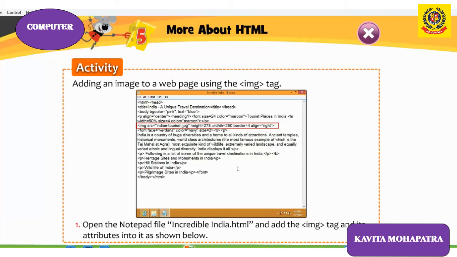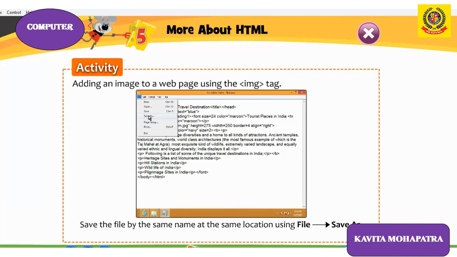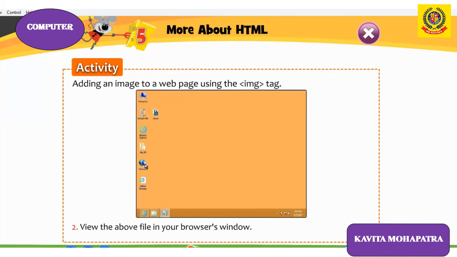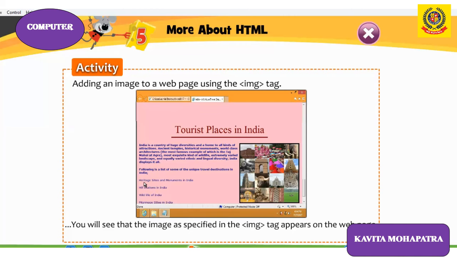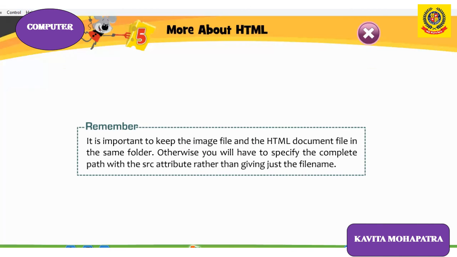So here you have to give img src equal to image.jpg. In that you have to give height equal to 275, width equal to 250, and border equal to 4. So open the notepad file, then Incredible India, add the image tag and its attributes, then save the file, then view the file by right clicking there.